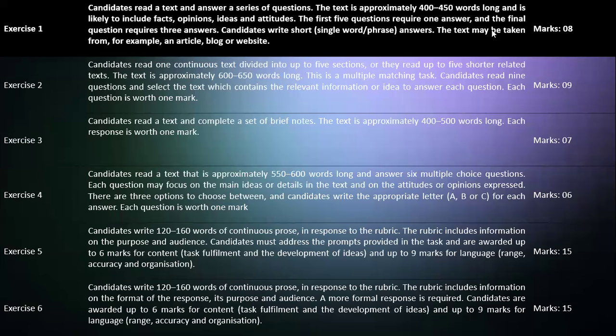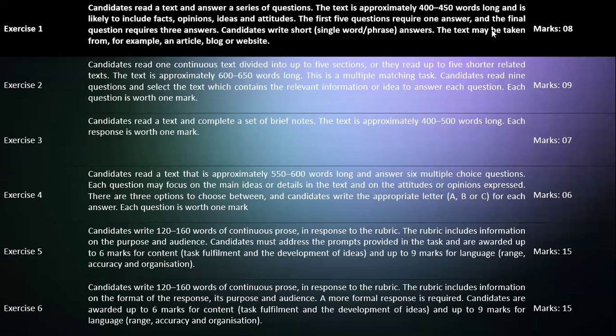There would be 3 particular options given to you, and you are supposed to choose between those options. Candidates are going to write appropriate letters A, B, or C for each answer. Each question is going to be worth 1 mark, and the total mark allocation for this exercise number 4 will be 6. So these 4 were basically the reading exercises.